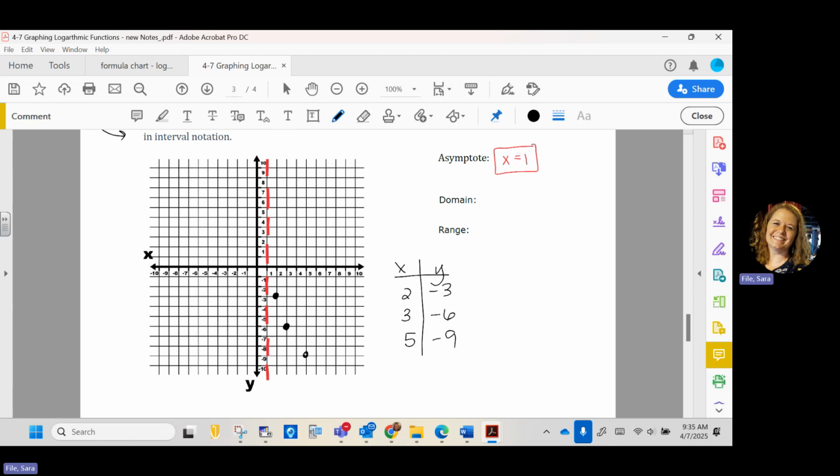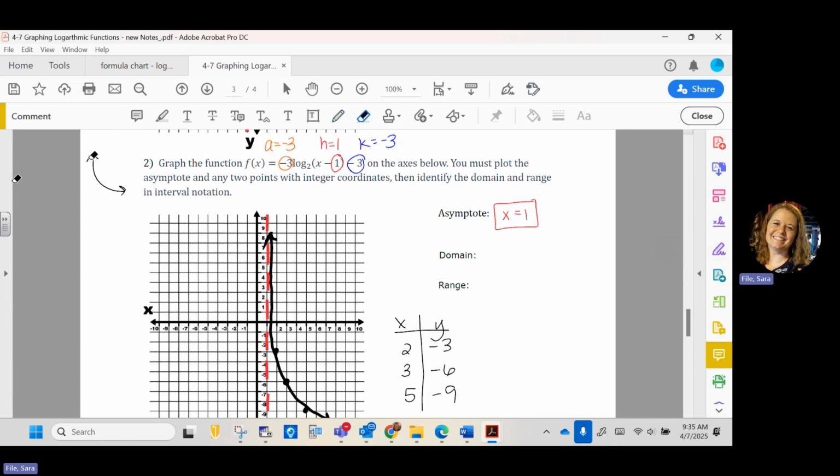So now I just sketch the curve down along that asymptote through those points. And that checks out. You can compare it against the graph in Desmos. We knew that should be the general shape of the curve based on the positive, negative values.